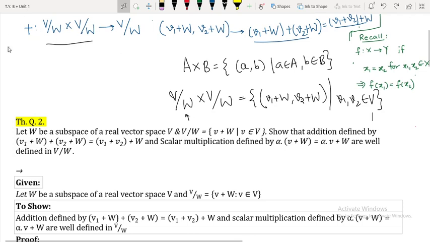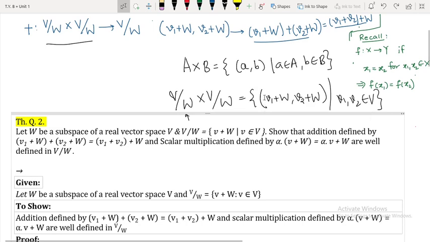Now in order to show addition is well defined, what did we do here? So here we have taken x1 is equal to x2. So over here this is how an element of the domain of this plus looks like. So how will two elements of this Cartesian product look like? Now see, over here variables are nothing but v1 and v2.